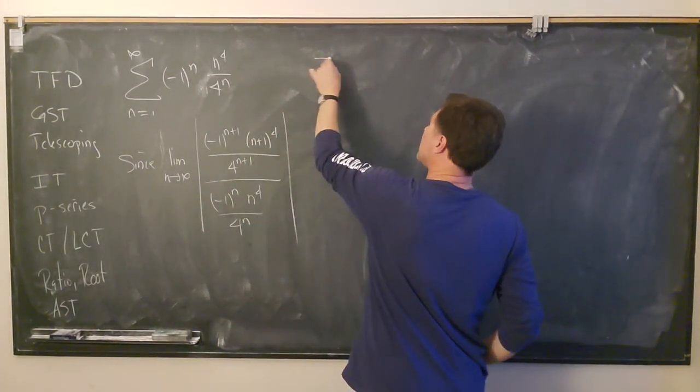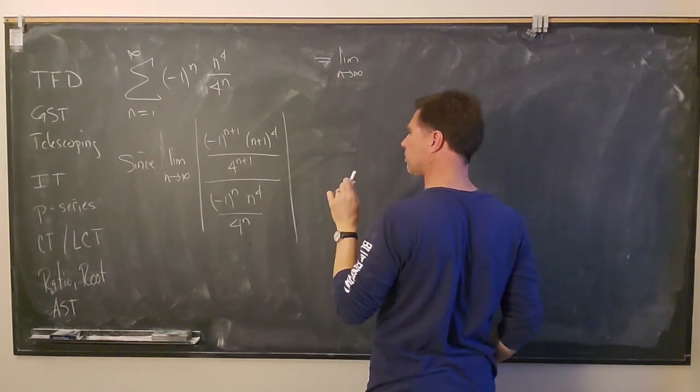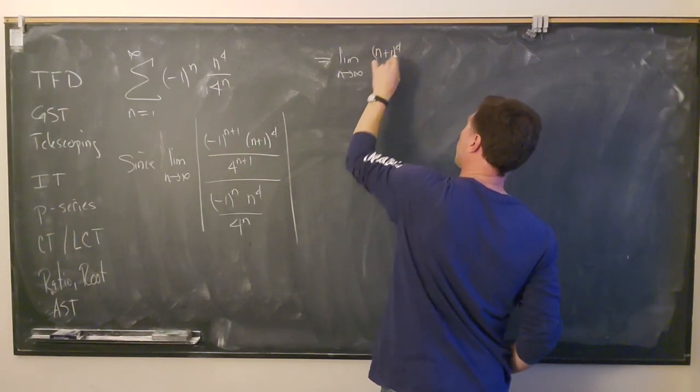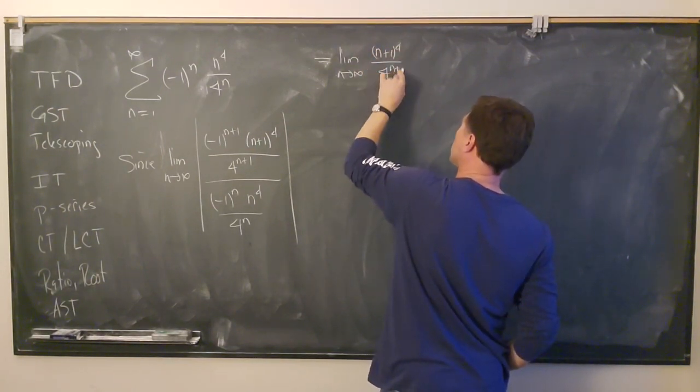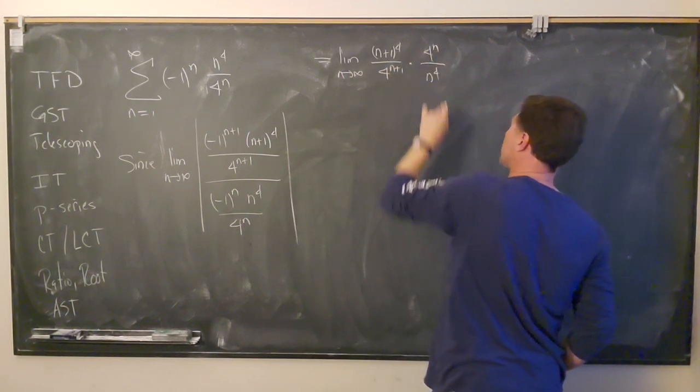So all in one step, we're going to have the limit as n goes to infinity of n plus 1 to the fourth over 4 to the n plus 1 times 4 to the n over n to the fourth.